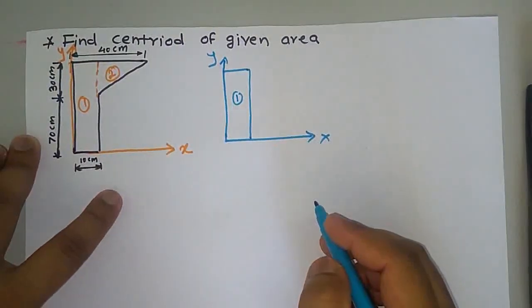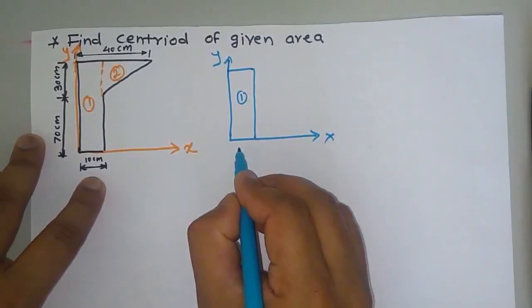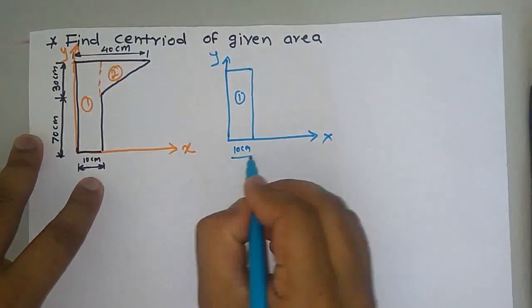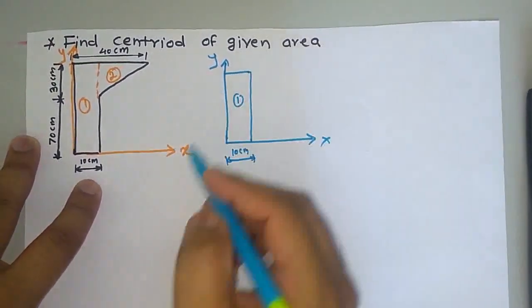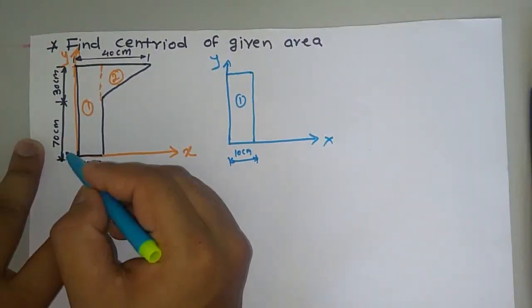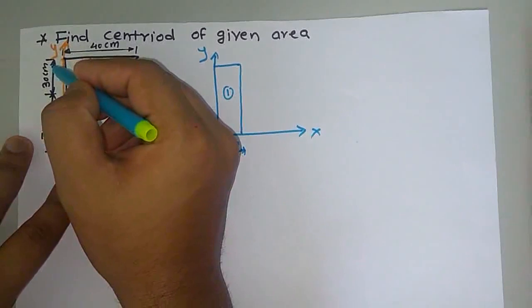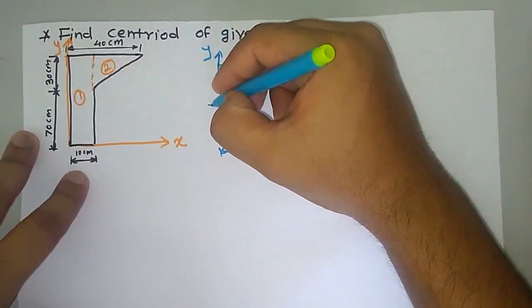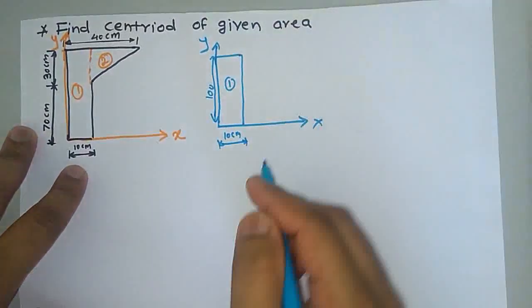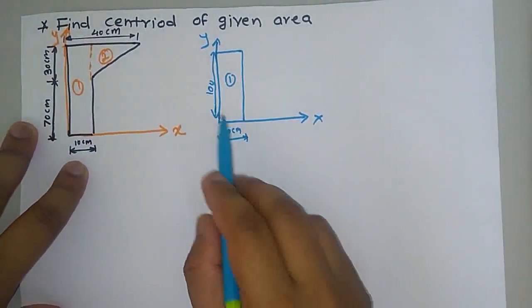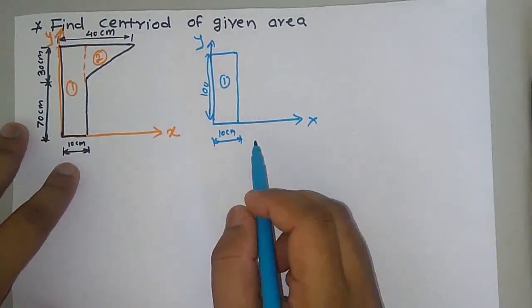So what are the dimensions? This is 10 centimeter, and the height of the rectangle is 70 plus this 30, so the total is 100. So this is the breadth and this is the depth, that is 100 by 10 centimeter. This is the first part.